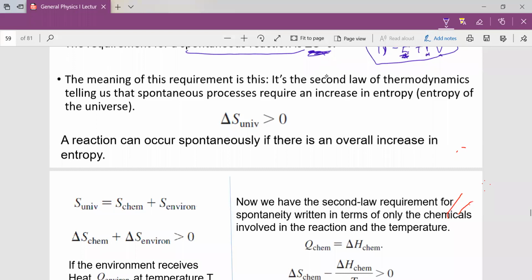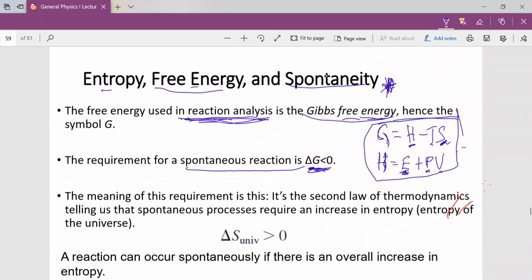So at this level, we just stay with the statement that we have what we call Gibbs energy, and it is used to describe the reaction analysis. Just note those words. And it gave us a principle that for spontaneity, for any reaction to happen, the change in G must be less than 0.